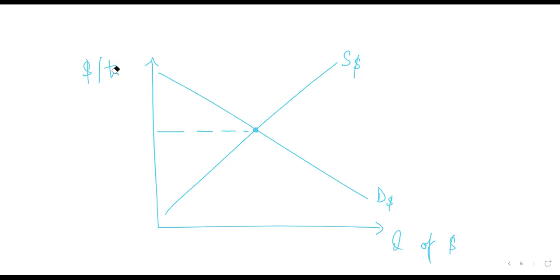Sorry, there's just a small problem here. It would be pound per dollar, that is, how many pounds each dollar buys. So if previously each dollar was buying 1 pound, like $1 equals 1 pound. Now when people have more money lying in their bank accounts because the government has paid them back, and there has been quantitative easing going on, they have more money to spend and more money to import, and so on.